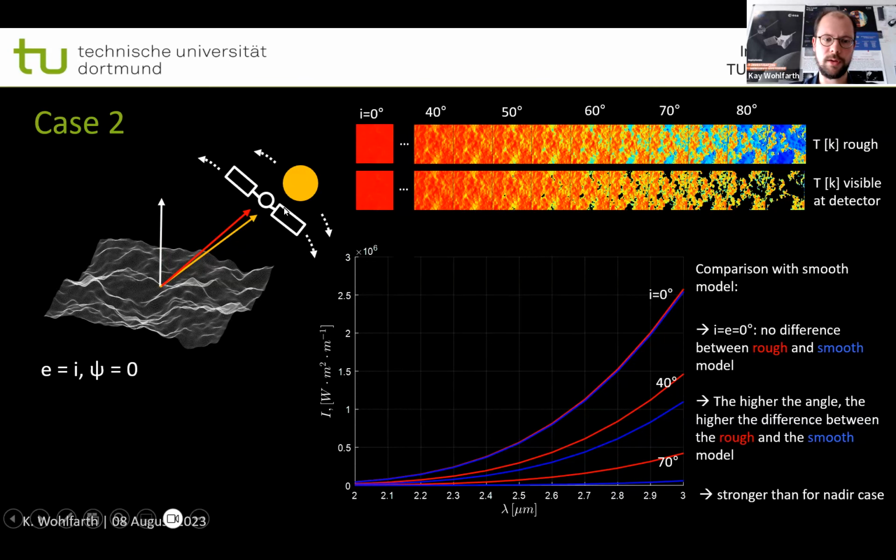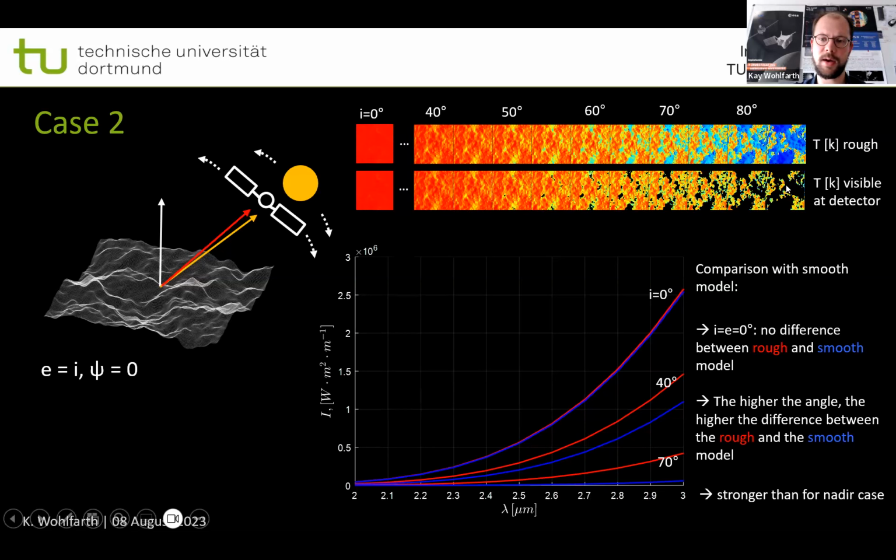I moved the sun and the spacecraft around, assumed that the emission and the incidence angle are the same, so it's basically some opposition configuration, and we see that the temperature maps of the surface change as before, but the temperature distribution that is visible at the detector changes because the spacecraft now sees the surface under some emission angle E, and because of shadowing, it cannot see all the surface elements above maybe 50 or 60 degree.